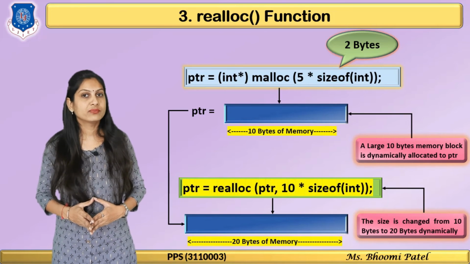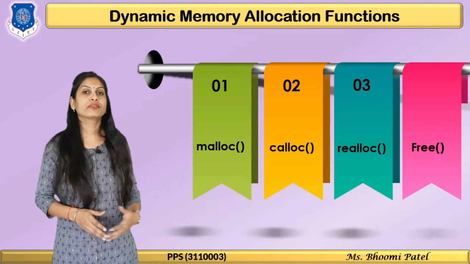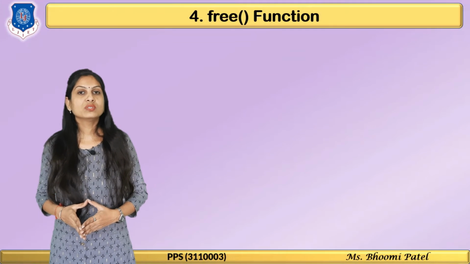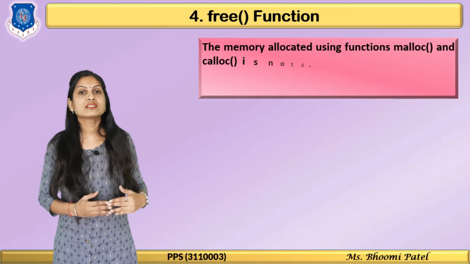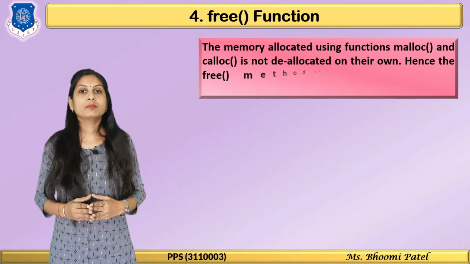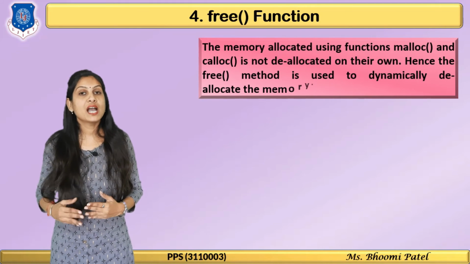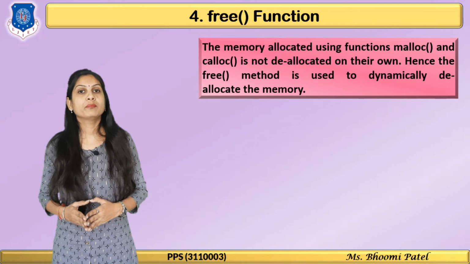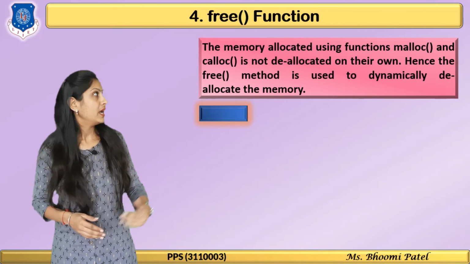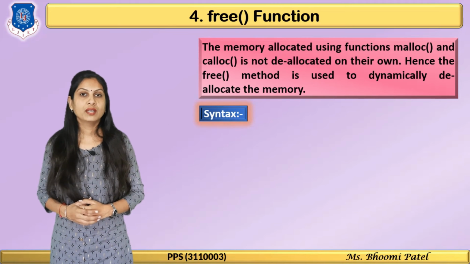Now move to the last function, free. When I do not need the previously allocated memory and our program is completed, then we have to compulsorily free the memory, that means deallocate the previously allocated memory, and for that we have to use this free function.